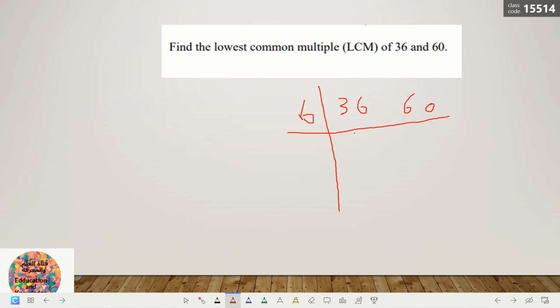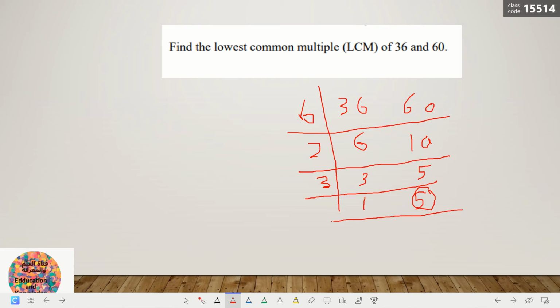Dividing by 6, this is equal to 6, and here is equal to 10. Then you can divide by 2. This is equal to 3, and this is equal to 5. Now there is no common factor between 3 and 5, so you have to divide by each one alone. If I divide by 3, 3 divided by 3 is 1, and 5 can't be divided by 3. I put it here with a circle because it can't be divided.